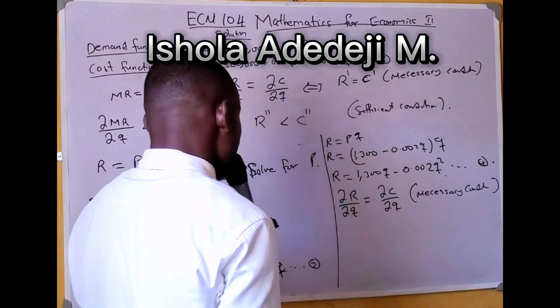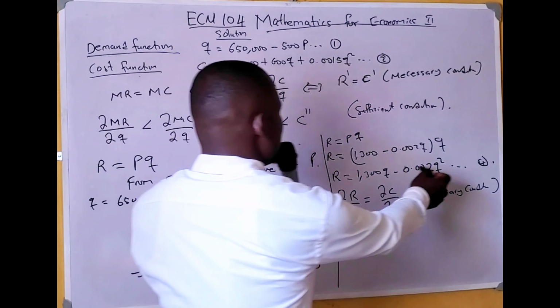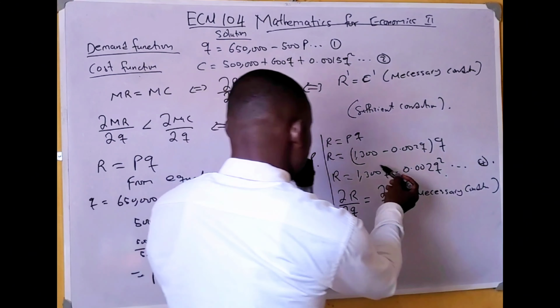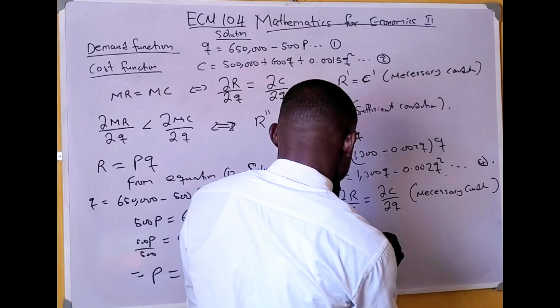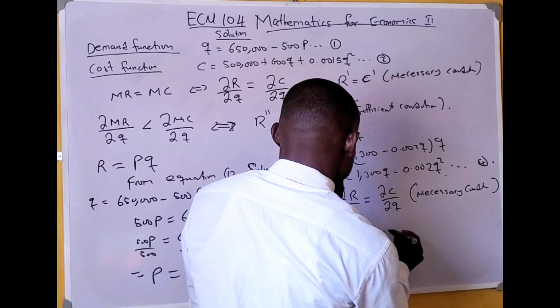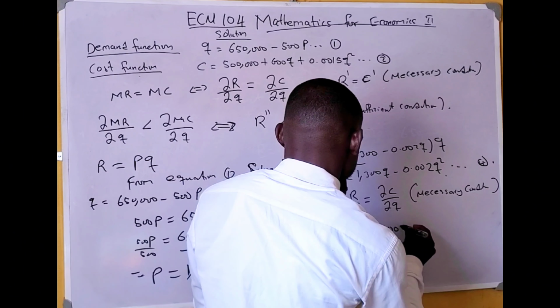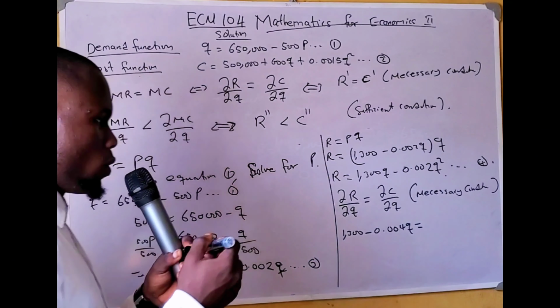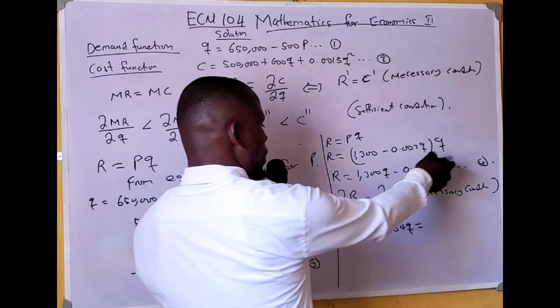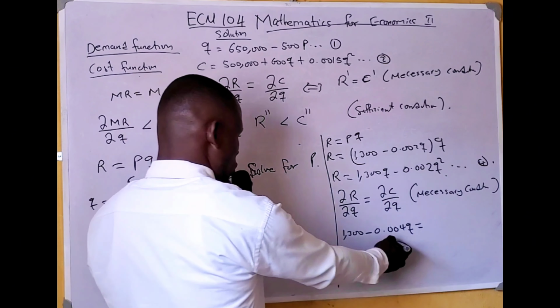Are we together? So this is our R. What's the derivative of this with respect to Q? This will give us 1,300 minus 0.004Q. If I use the sum and power rule of differentiation, this is what you get.